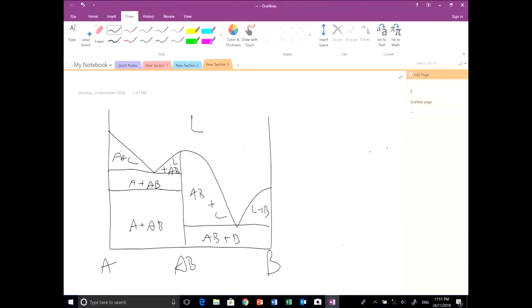Anybody see some problem in the logic here? How can I have two phase fields with the same name? This is stupid. If that's the case, why would I draw a line between them? Somebody got a flash of inspiration here? Crystallographic phase transformation. What's that? Same material but different crystal structure, as in FCC to BCC.